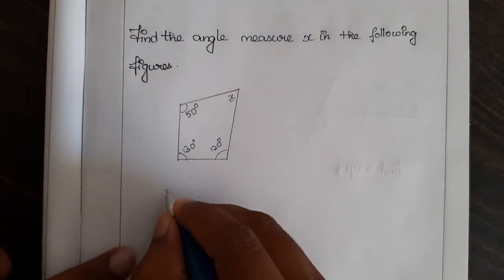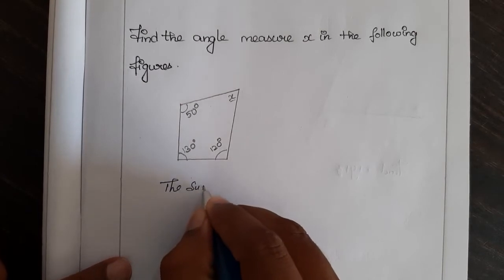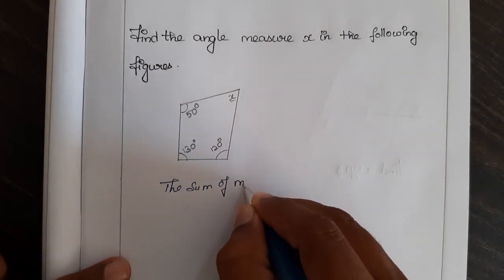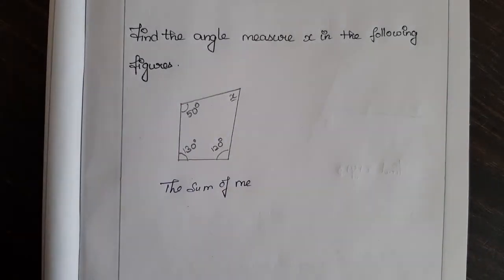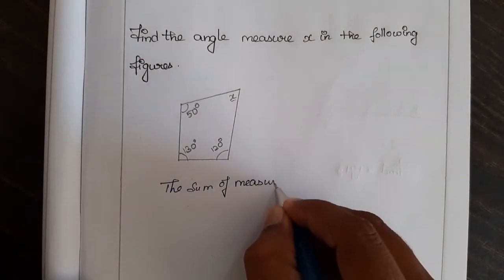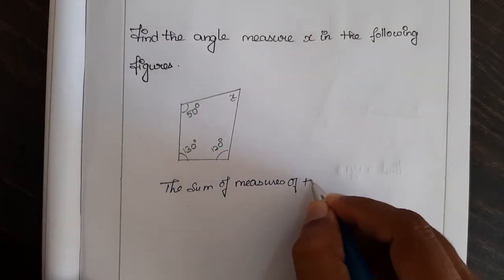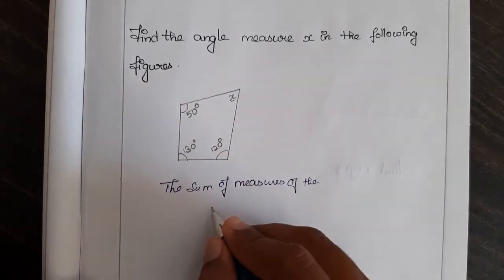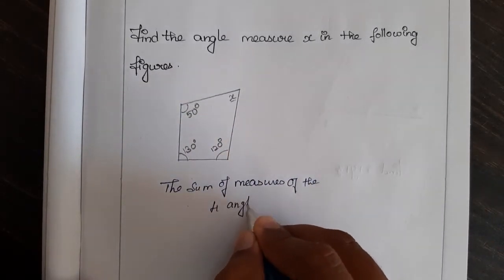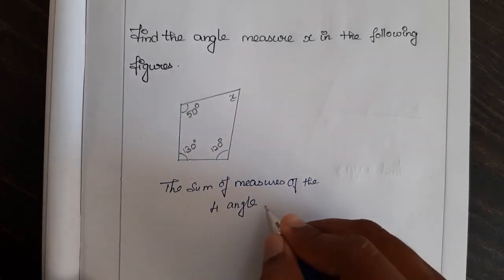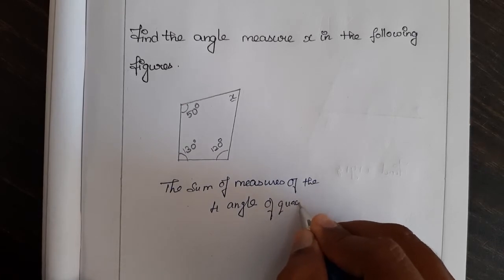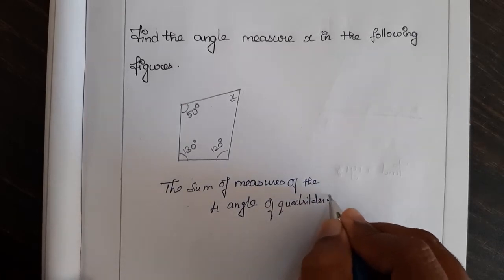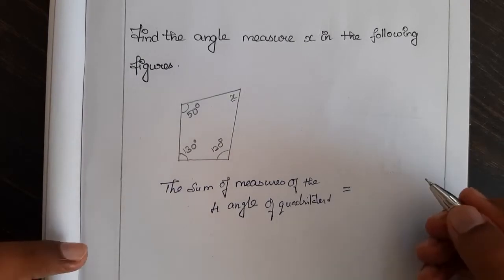So the sum of the totally 4 angles of the shape, a quadrilateral, is equal to what?